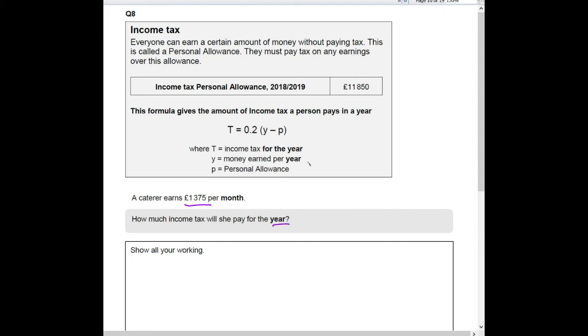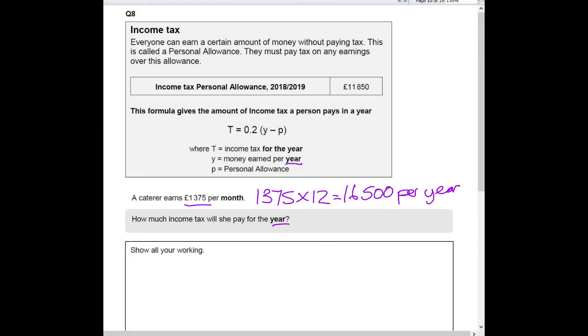So we have to put into our formula how much is earned per year. So let's start by multiplying how much she earns per month by the 12 months. So she earns £16,500 per year.